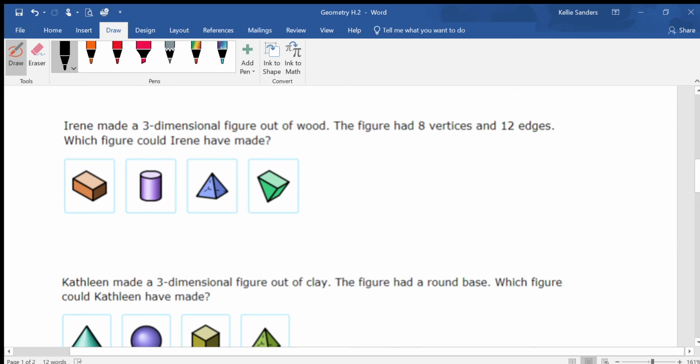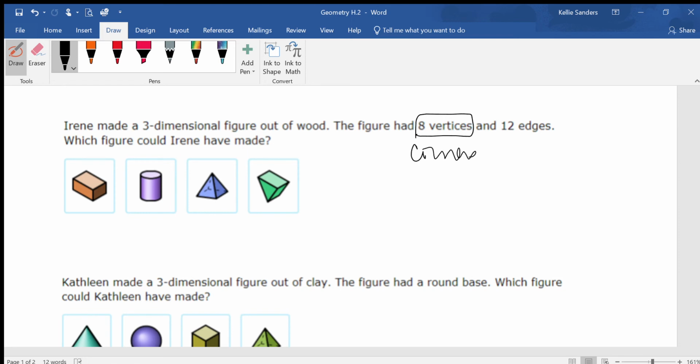Irene made a three-dimensional figure out of wood. The figure has 8 vertices, or 8 corners, 8 sharp points, and 12 edges, or 12 lines. Which figure could Irene have made? Okay, so let's look at this rectangular prism.